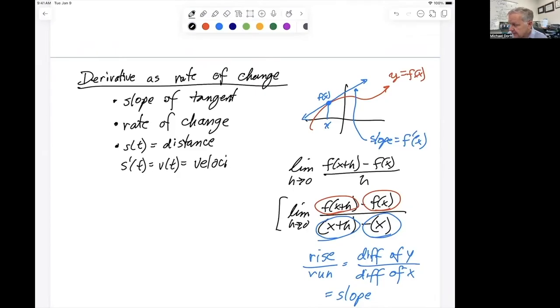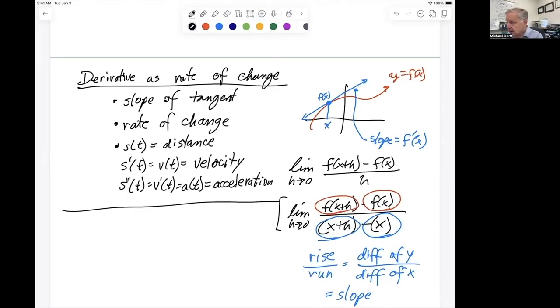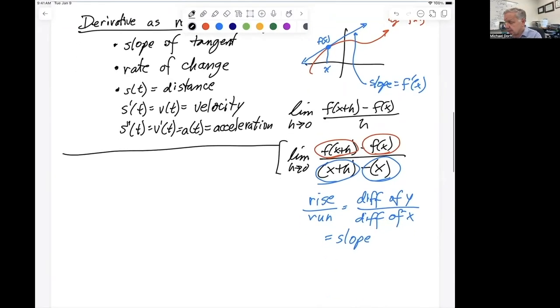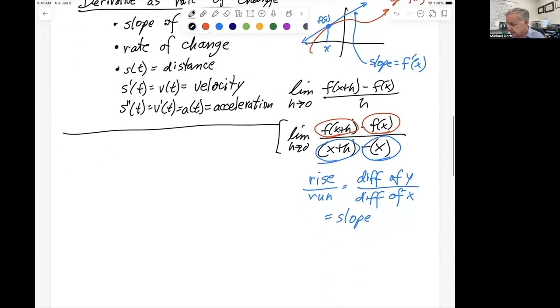So the derivative of distance is velocity. And if I did the second derivative, which would be the derivative of v, that would be a, which is acceleration. So I have distance, velocity, and acceleration. Those are the three most common ideas related to the derivative as the rate of change.